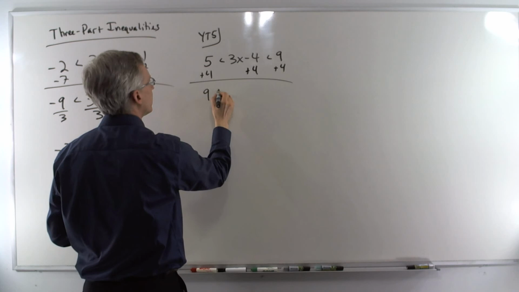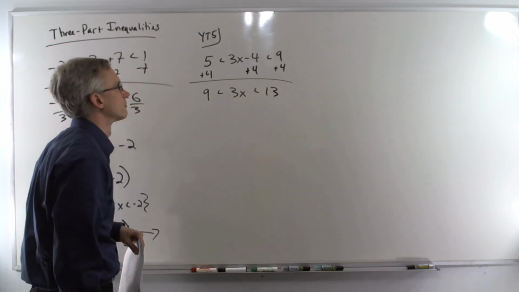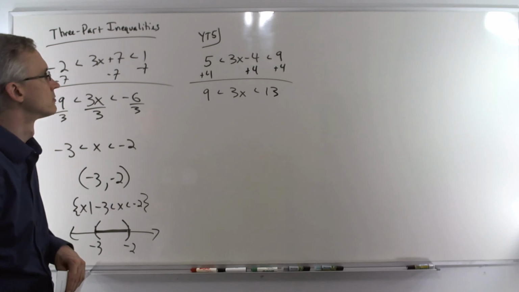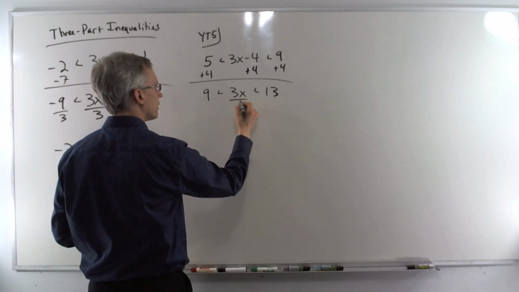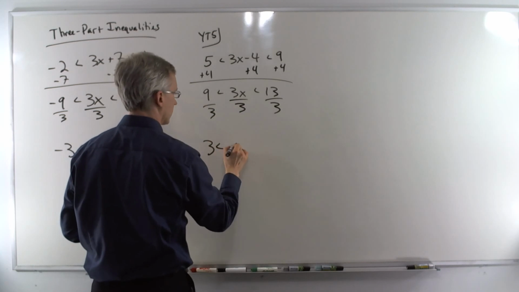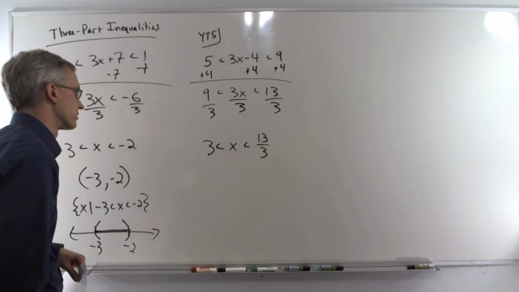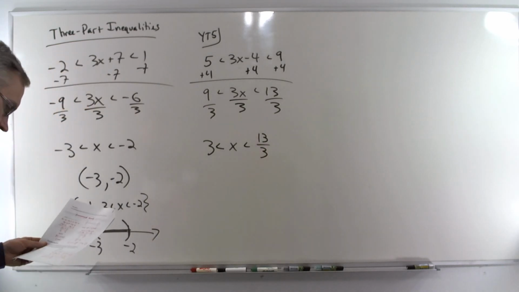So we got 9 over here, 3x less than 13. Now divide everything by 3, all 3 sides. So that gives us 3 less than x less than 13/3.